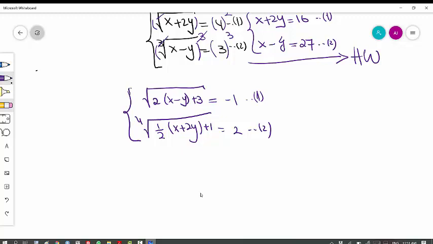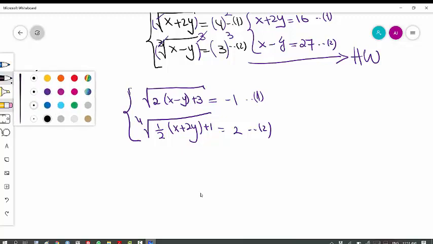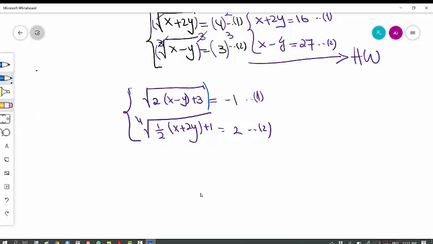In order to solve this, of course, first we transform both equation 1 and equation 2 into linear equations. To do that, first I remove its radical sign by raising both sides of equality to the power 2. This cancelling out one another. This becomes 2 times x minus y plus 3 is equal to minus 1 times minus 1, which is plus 1.